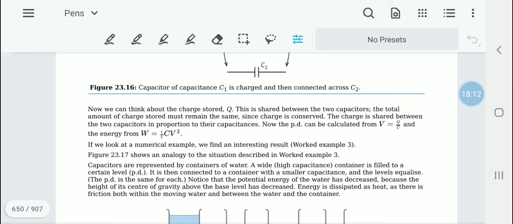The charge Q would be shared between the two capacitors.